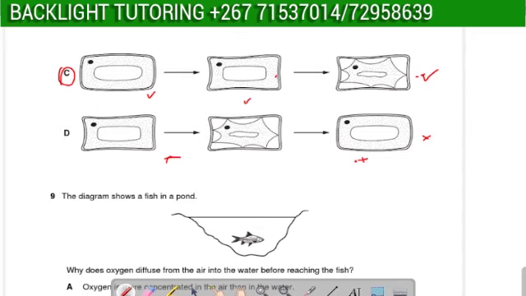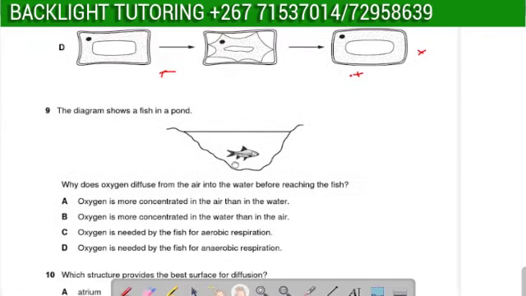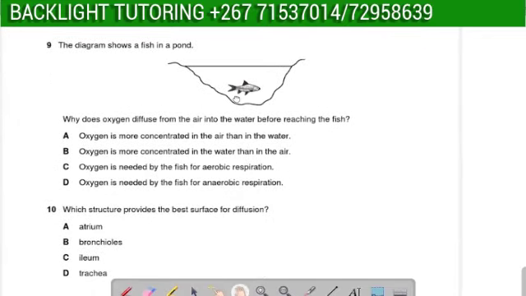And then moving to question 9. It says the diagram shows a fishing pond. Why does oxygen diffuse from the air into the water before reaching the fish? Oxygen is more concentrated in the air than in the water.